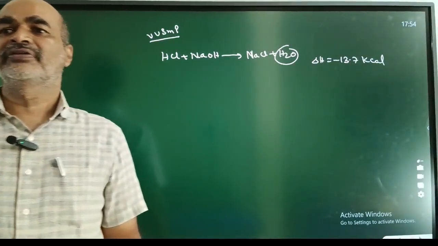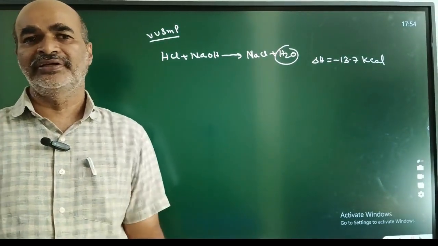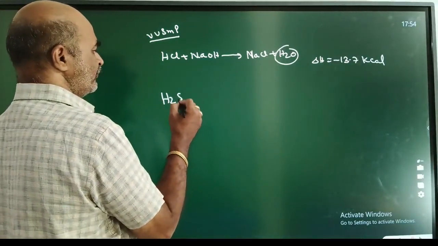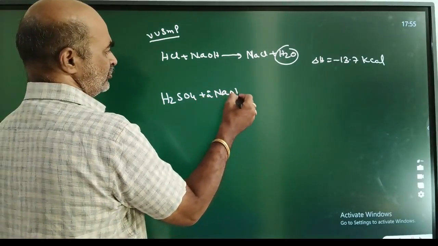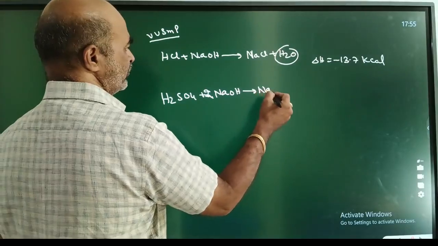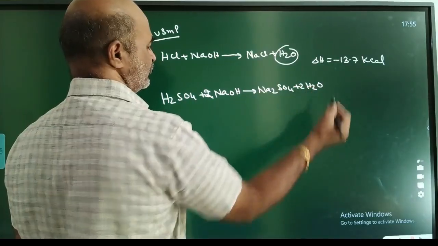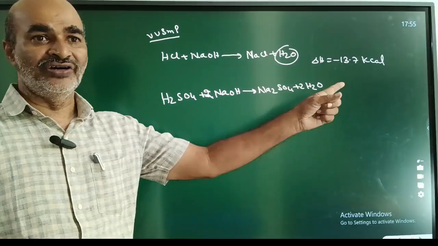Another example is H2SO4 plus 2NaOH gives rise to Na2SO4 plus 2H2O. Here, 2 moles of water is formed.